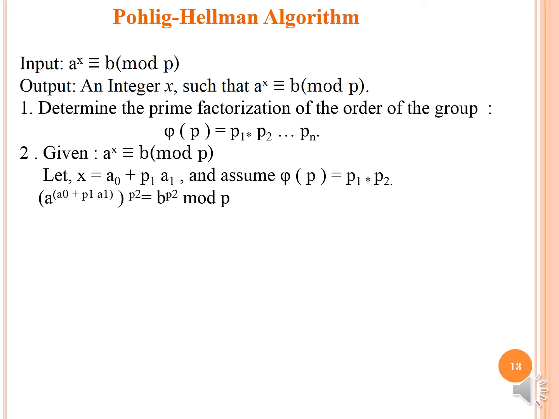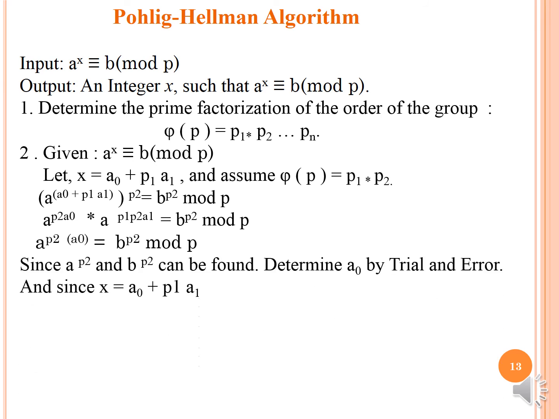So using the given congruence relation, we put in the value of x, and we raise the whole relation to the power p2. We will get this expression, and after using Fermat's little theorem, we will find the expression like a power p2 whole power a0 equal to b power p2 mod p.